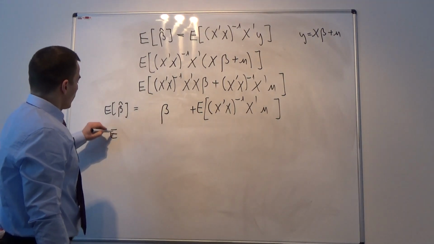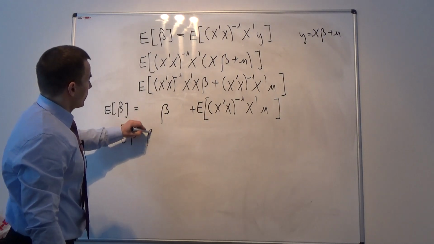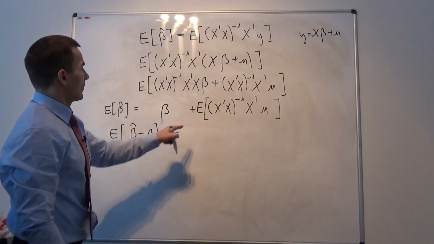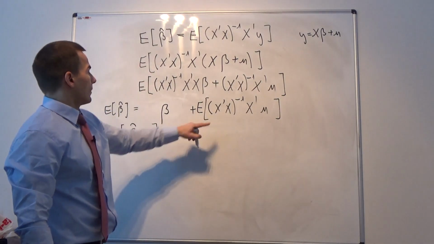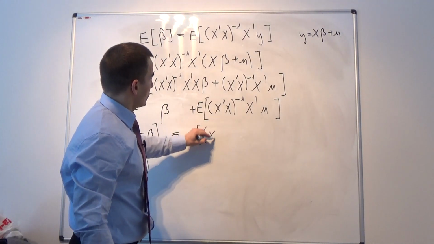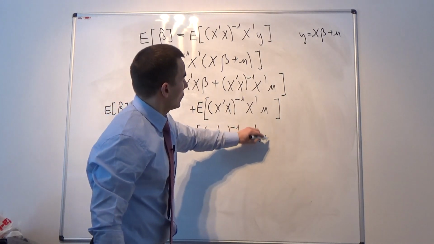So the expectation of beta hat minus beta is equal to the expectation of X transposed X inverted X transposed u.